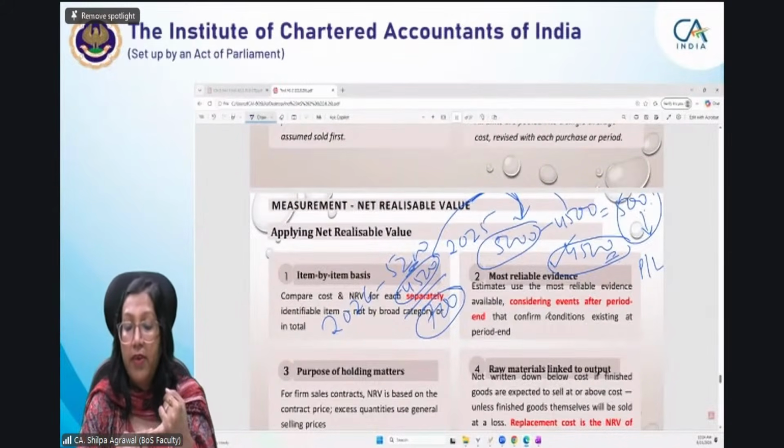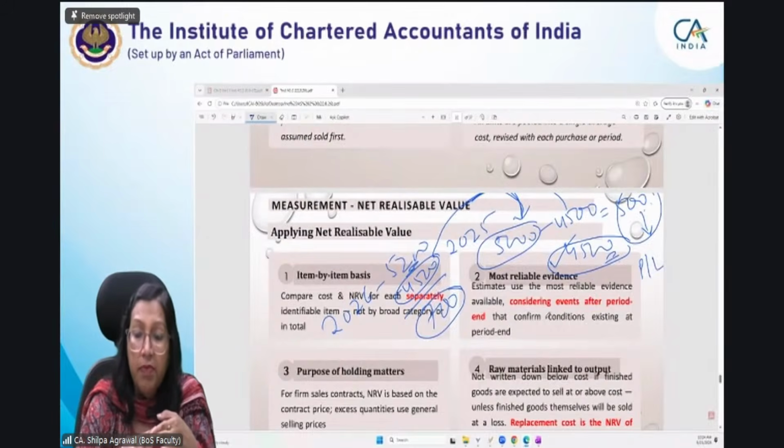So for most reliable evidence, estimates use the most reliable evidence available, considering events after period end that confirm conditions existing at period end.